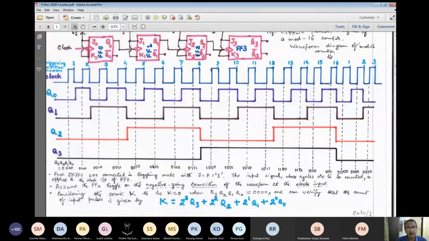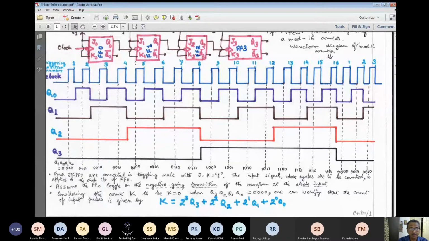So in sequence, as the 1 to 0 transition happens at this point, first FF0 will change state from logic 1 to logic 0. Now this transition is connected to the clock input of the immediate right neighbor, FF1, so its output Q1 will go from logic 1 to logic 0. This happens after some time, depending on the propagation delay of the flip-flops.